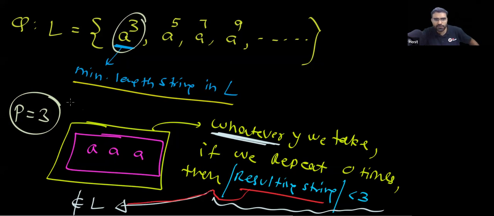So I can definitely say that if your language has minimum length n, then p equal to n will never work. Do you agree with me? Can I write this as a note? Did you understand?